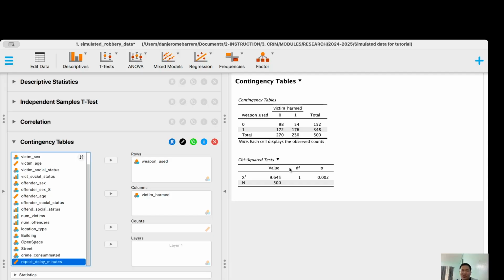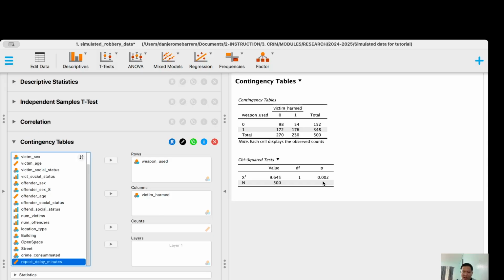Now let's look at whether there is an association between the two variables. The answer is yes. Why? Let's look at the p-value. The p-value again represents the degree of relationship. We can say that there is a significant association between the two variables because the p-value is lower than 0.05 or 5%.